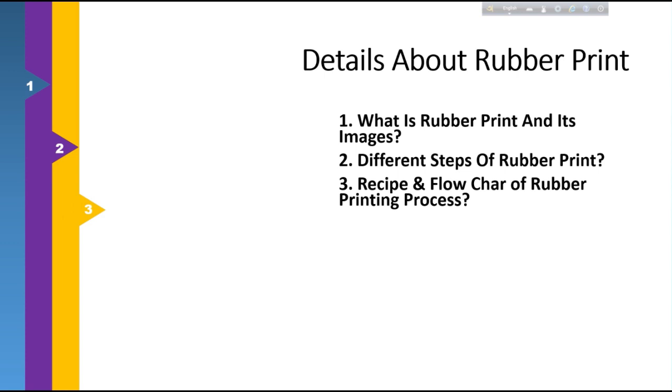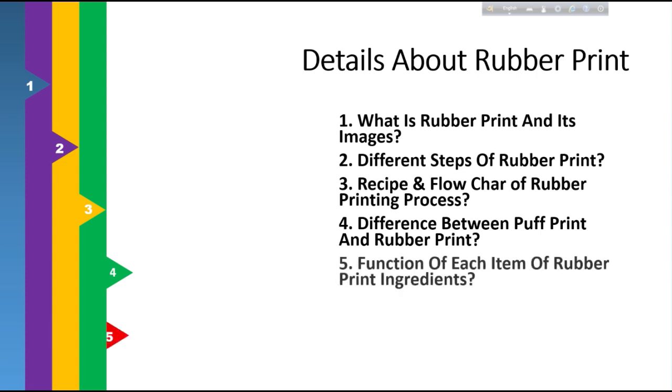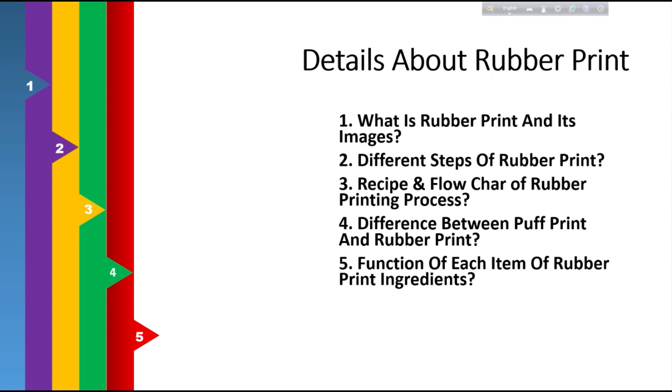Third is recipe and flowchart of rubber printing process. Fourth is difference between puff print and rubber print. Fifth is function of each item of rubber print ingredients.